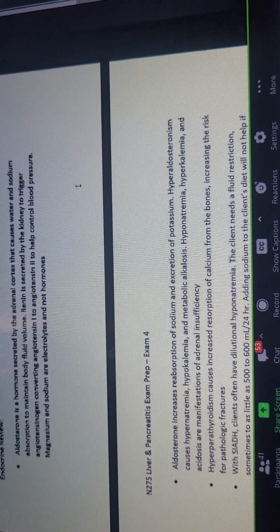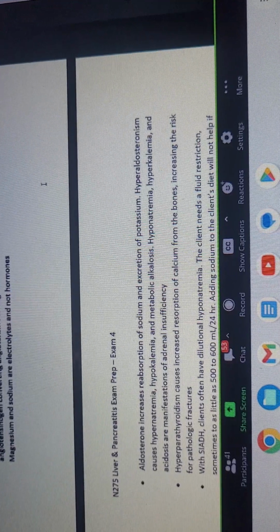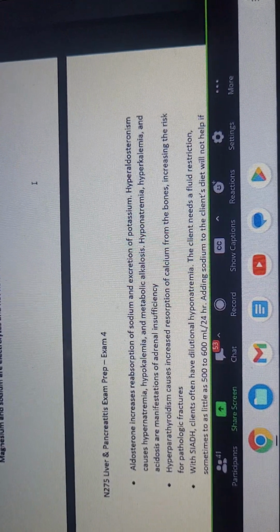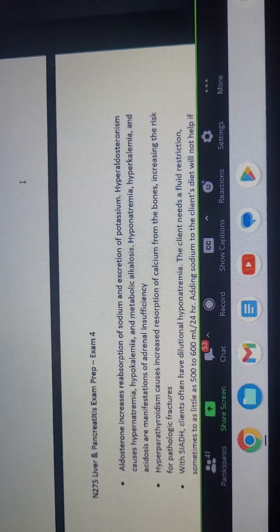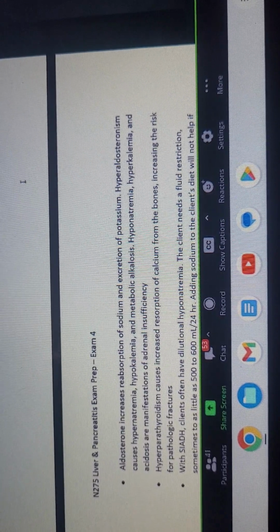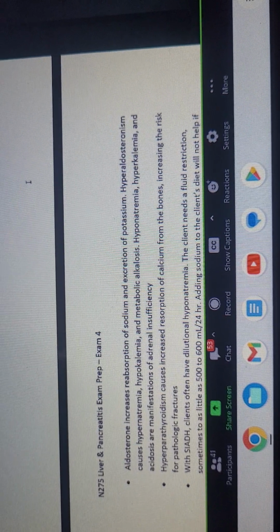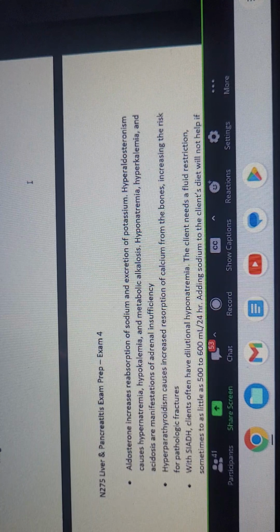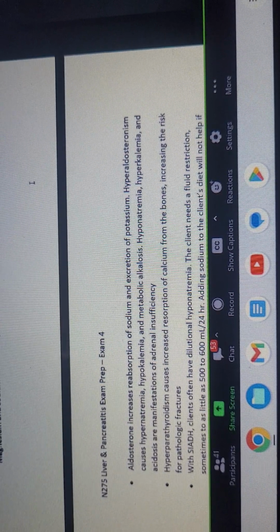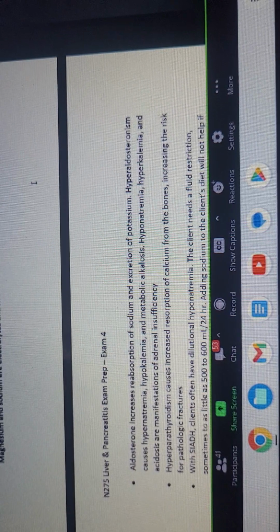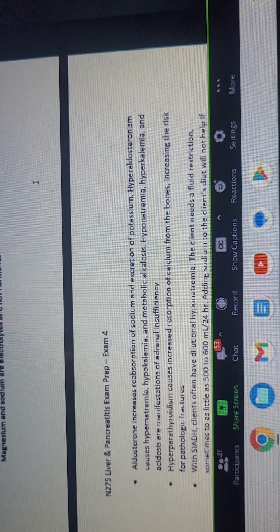So again, that aldosterone increases that reabsorption of sodium and excretion of potassium. So if it's in a hyper state, too much aldosterone, it's going to cause hypernatremia. Because it wants to reabsorb sodium to begin with, but now it's doing it crazily, and therefore it's going to create a hypokalemic event as well. So that leads to metabolic alkalosis, right?